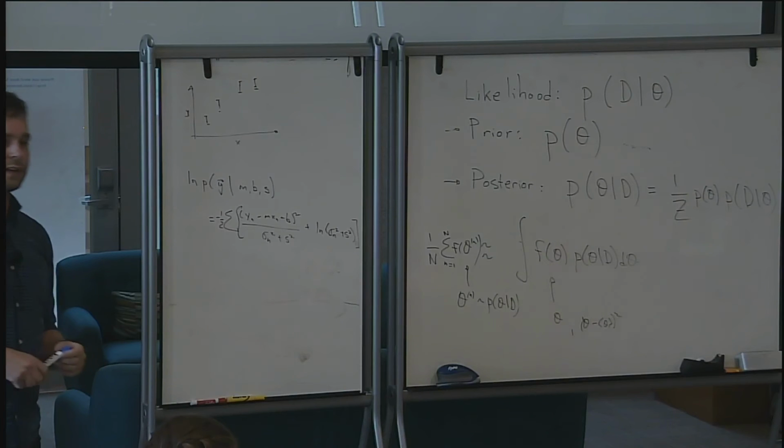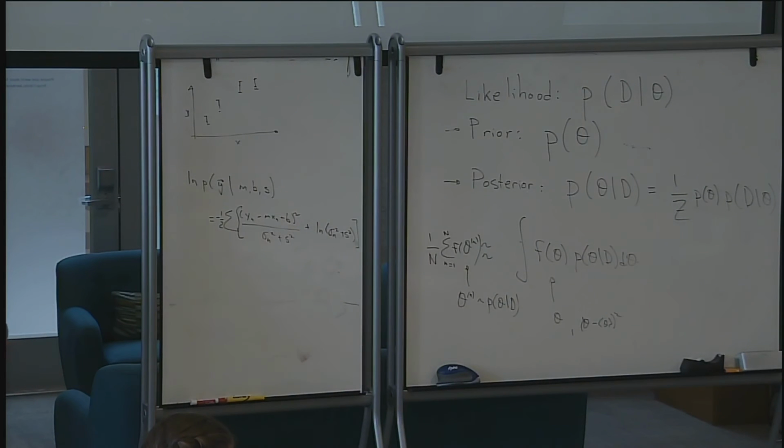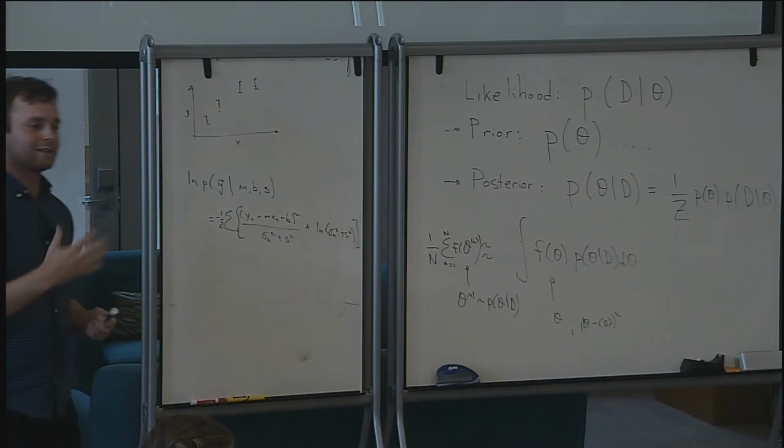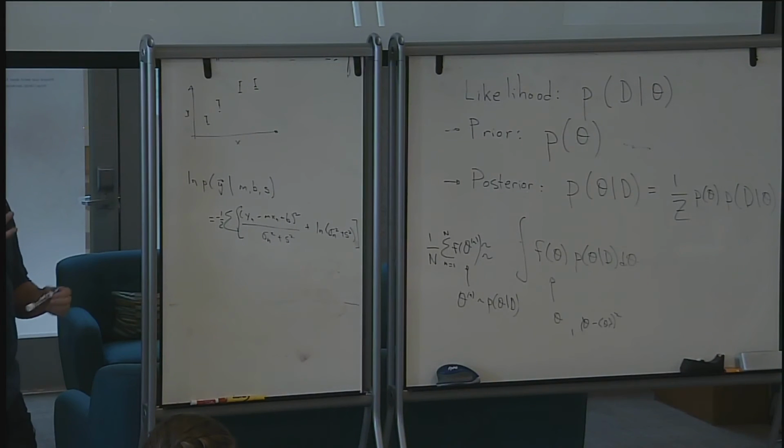Well, one thing that you might want to do is optimize a posterior probability. If all you care about is one representative model that someone might use, then finding the best possible posterior value is probably useful.